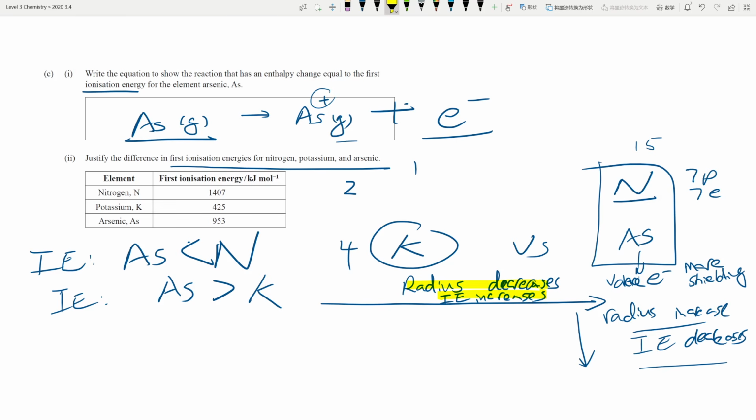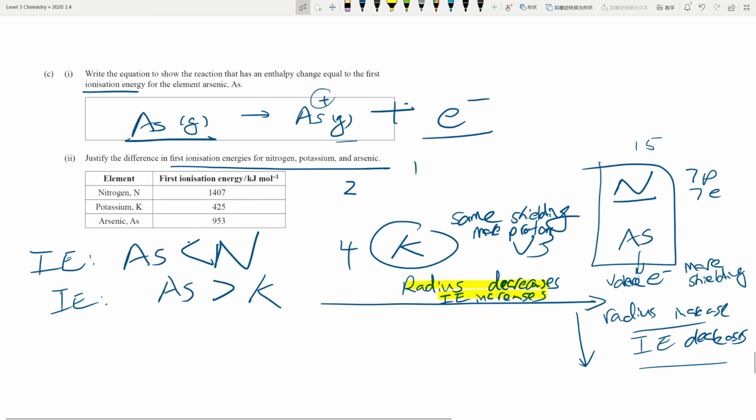They have a similar amount of shielding, but there are more protons as you go from left to right. So there's a stronger force of attraction from the nucleus, so the electrons are pulled in closer, and it is harder for them to be lost.